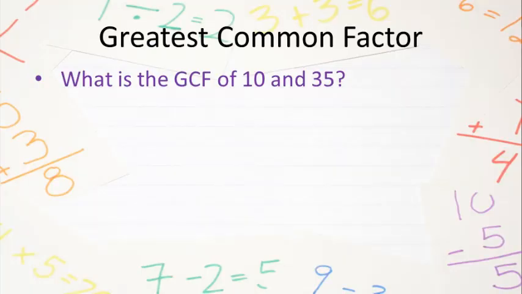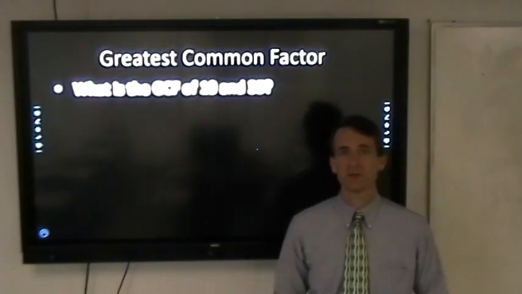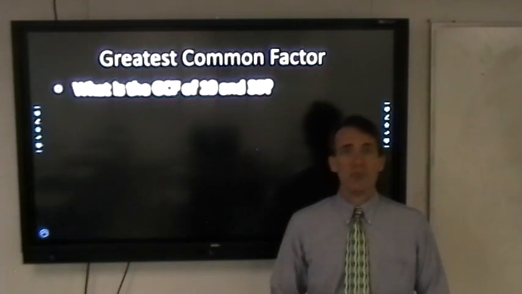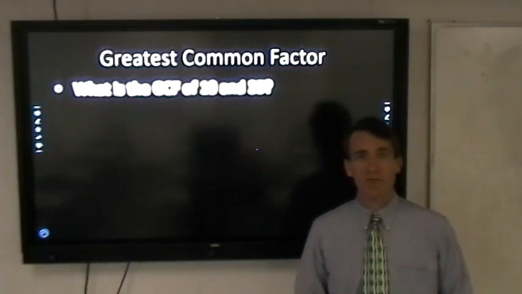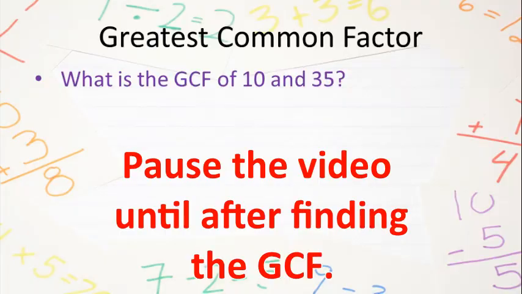What about 10 and 35? Now again, these are smaller numbers, so many of you probably can just say, well, I already know what the common factor is. It's 5, Mr. Pletcher. Well, that could be true, but we are going to go through the process anyway, because eventually you will have harder and harder numbers.